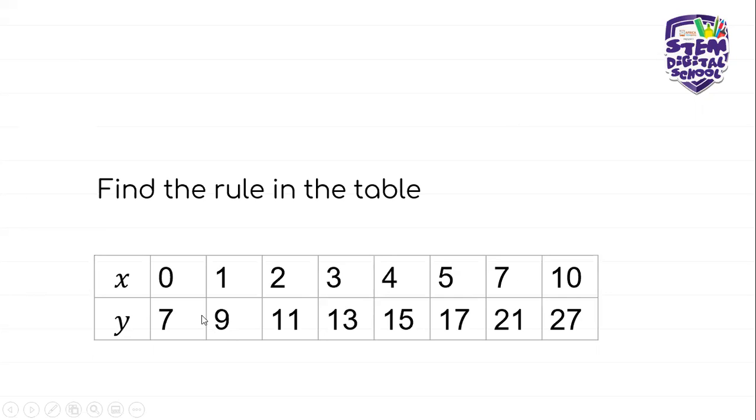Now, who can tell me, when you look at the pattern in the Y values, or in the output values, what is the constant difference? Just without any waste of time, or just by inspection, can you tell what the constant difference is?